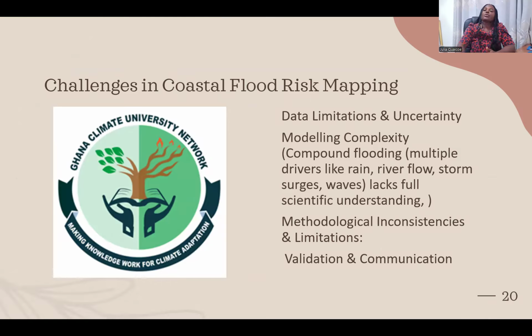All right. So what are some of the challenges in coastal flood risk mapping? Basically, the challenges are those that we also know, like data limitations as well as uncertainty, and the complexity in modeling. For example, when you have drivers with complex compounding characteristics, like the effect of rain, river, and storm all coming together to produce a particular flood, it makes the modeling a bit complex.